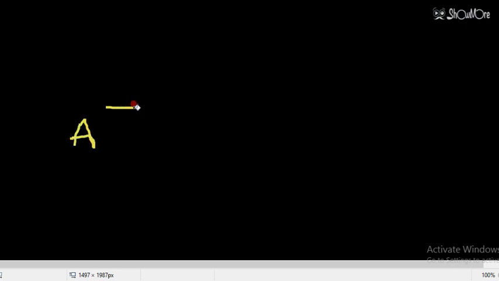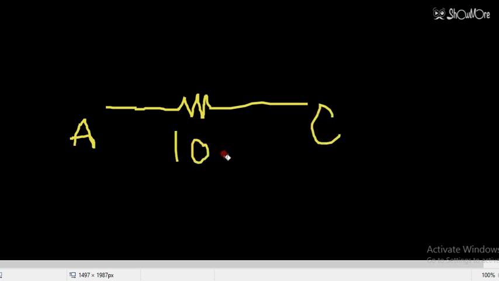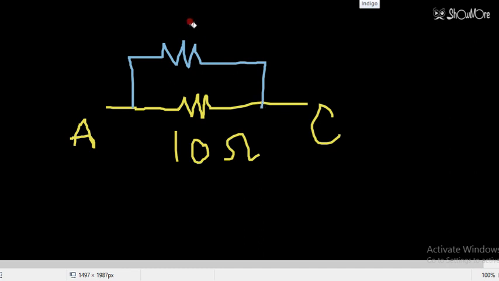This is terminal A. From A to C there is a resistance of 10 ohm as earlier, and the above two are combined, making 10 plus 10, 20. The two are combined into one, and this is the value 20.